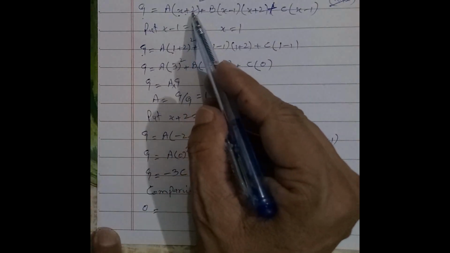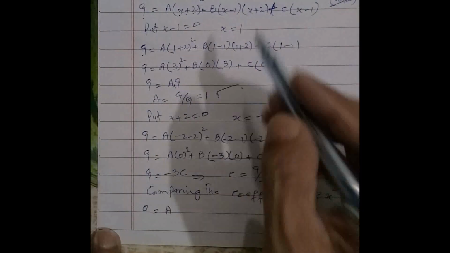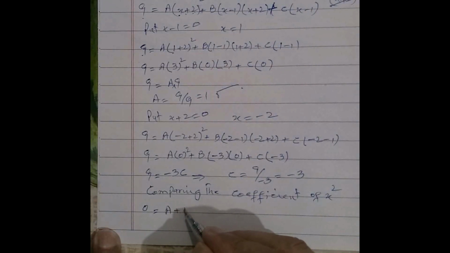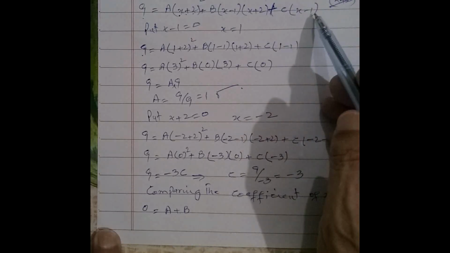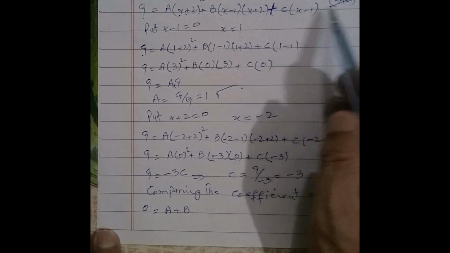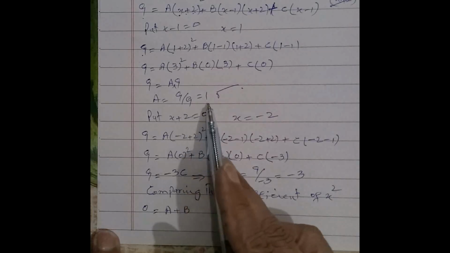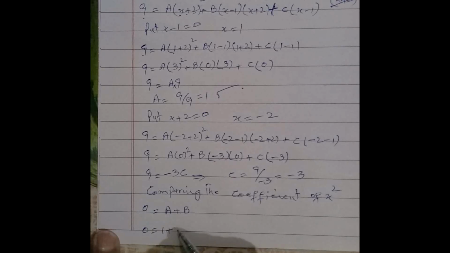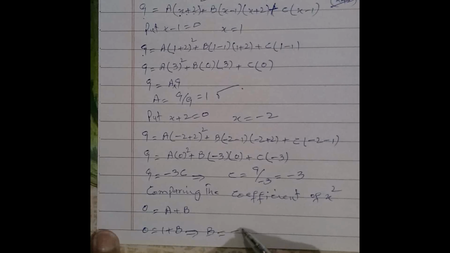When we take x plus 2 whole square, x multiplied by x we get x square, the coefficient a. For b and c there is no x square, so c is not included in the value. But we have a is equal to 1. Put a is equal to 1, meaning 0 is equal to 1 plus b, means b is equal to minus 1.